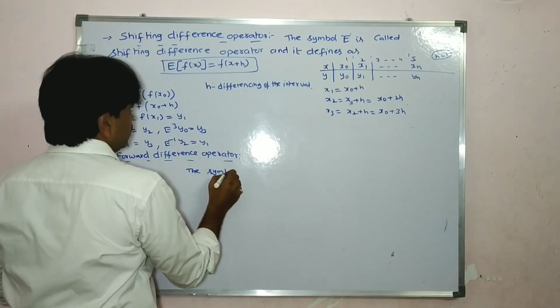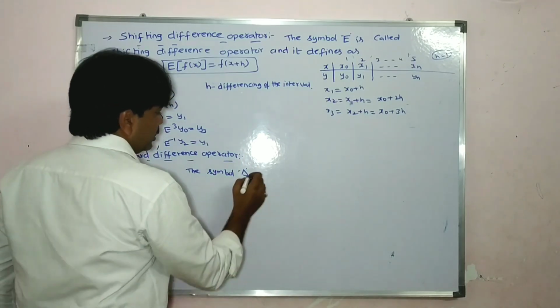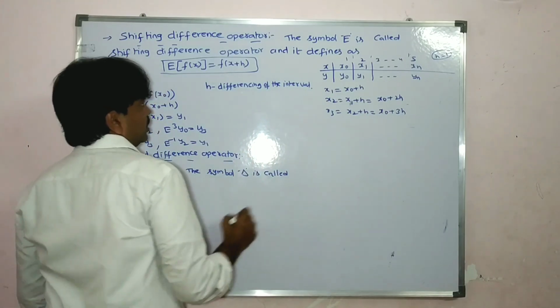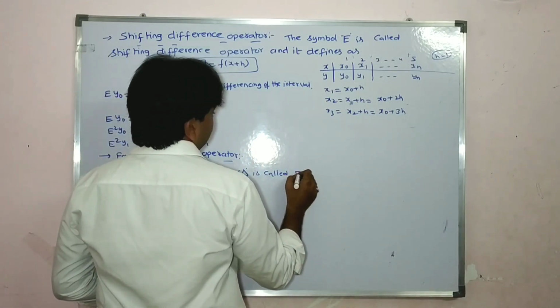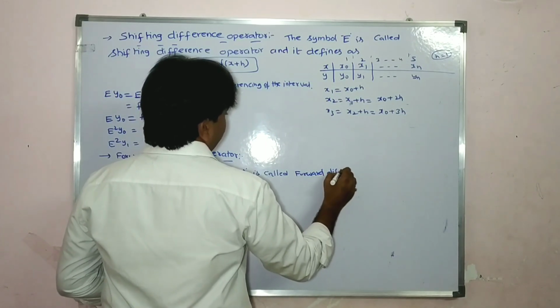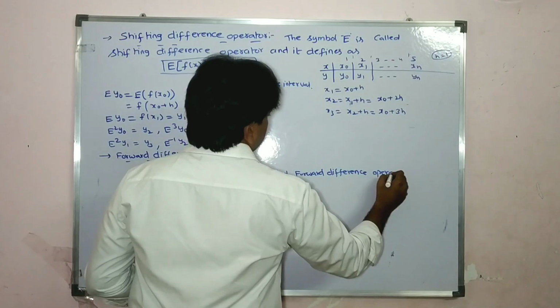The symbol del, students, is called the forward difference operator.